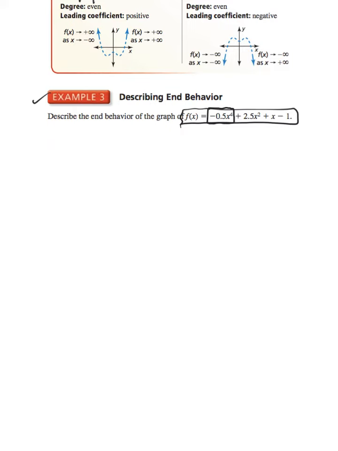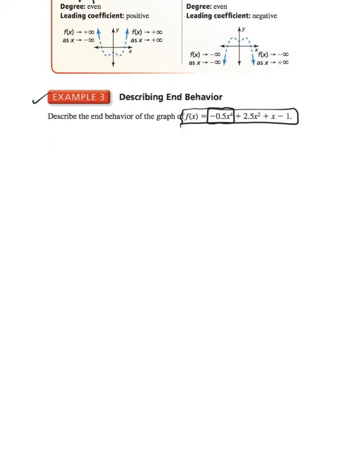The question here is, on a graph, what's going to happen to this function as we move to increasingly negative values of x?